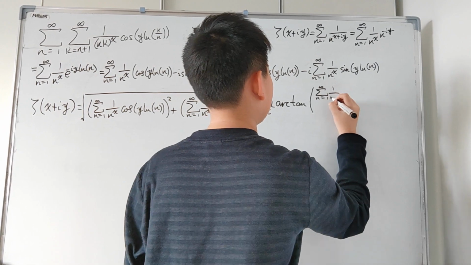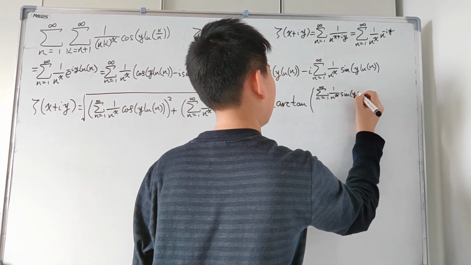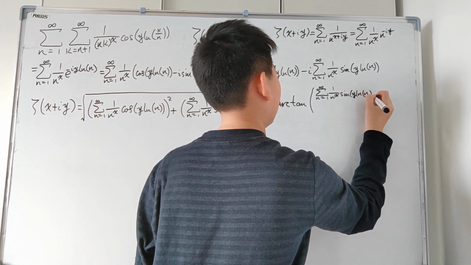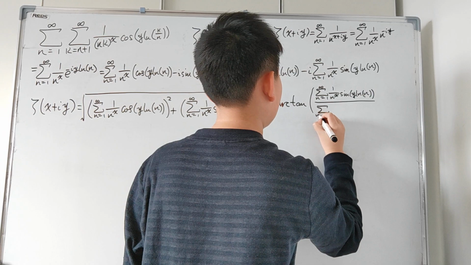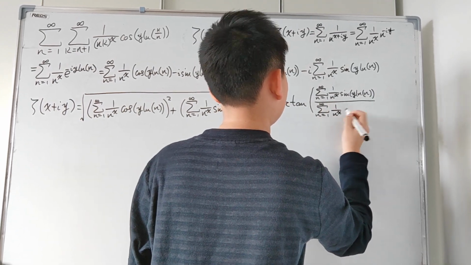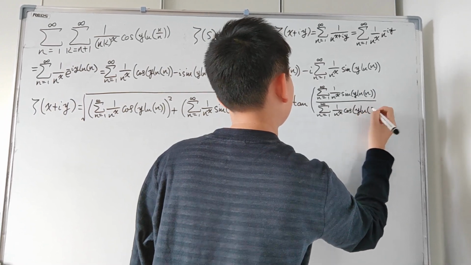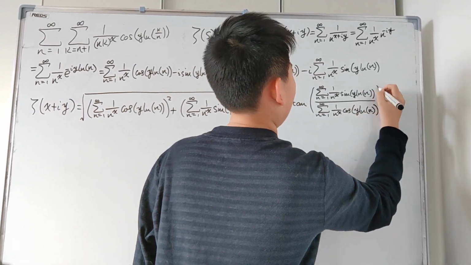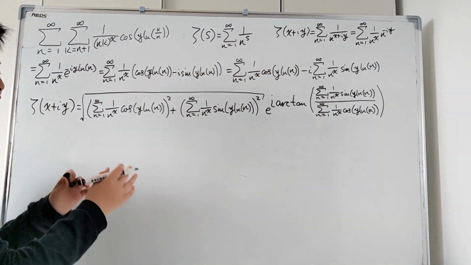The sum to infinity of 1 over n to the x sine y natural log of n, over the sum to infinity of 1 over n to the x cosine of y natural log n. Right, and this is our complete expression for our zeta.